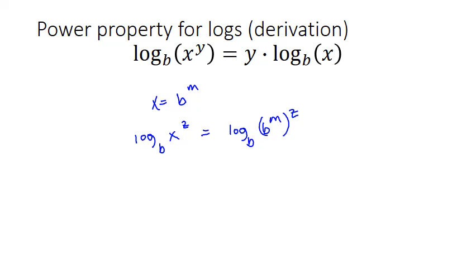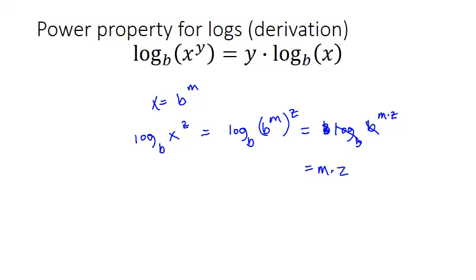When we do power to power, we have to multiply them. So this is the same as log base b of b to the m times z. This we know is going to cause the log base b and the base b to cancel out, so we're just left with m times z.